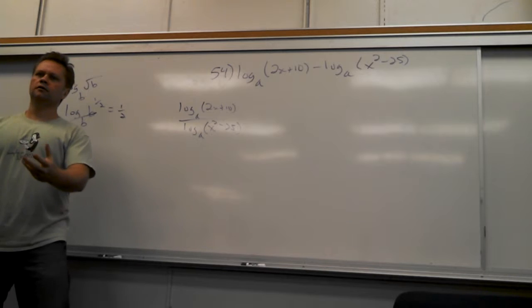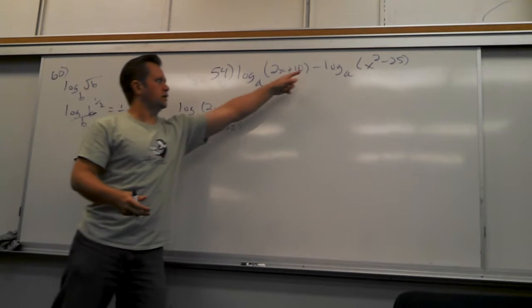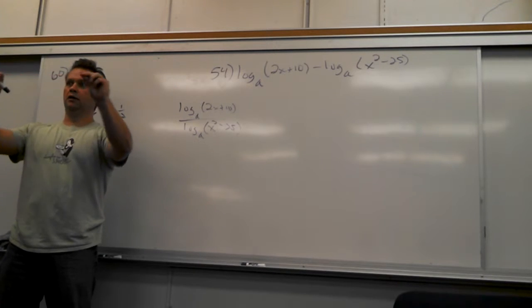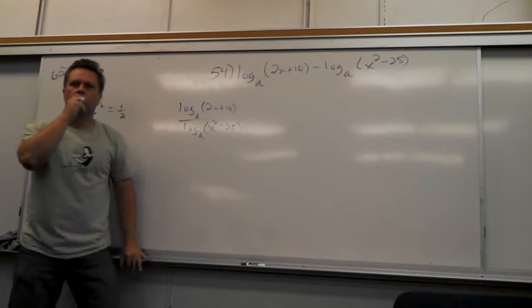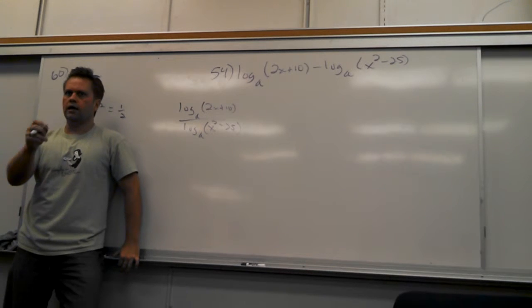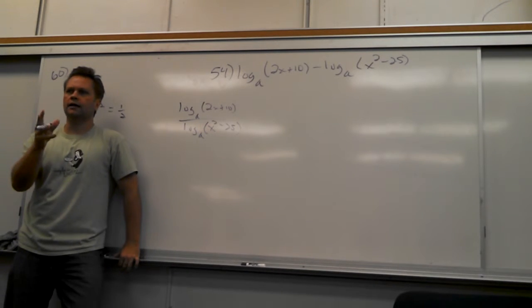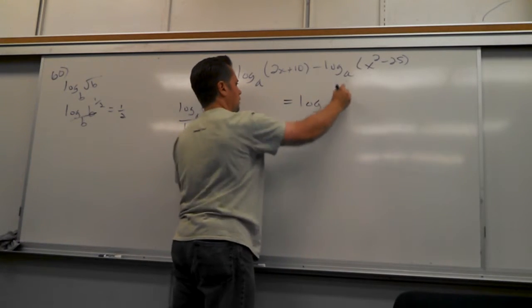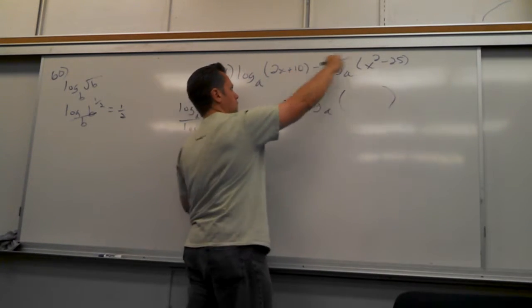They say, well, that's what you did. No, it ain't. This is subtracting them, and you're saying subtraction becomes multiplication. The subtraction sign just becomes really big, and then you put it there. A subtraction cannot become division. It can't, and that's not what the property says. It says the difference of two logs is the log of the arguments.